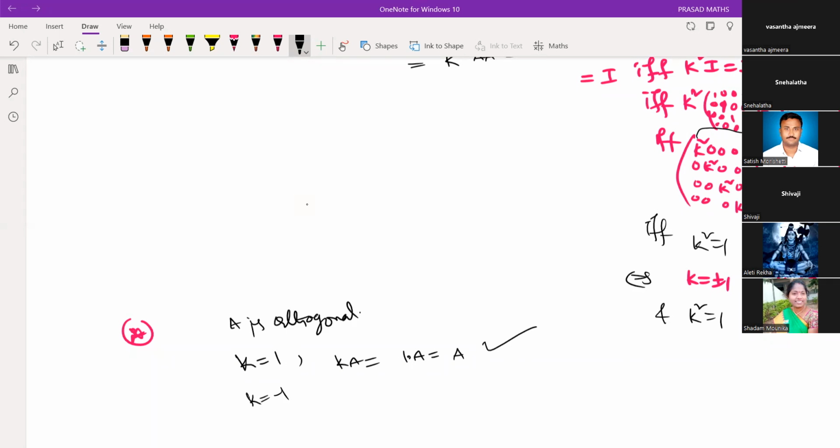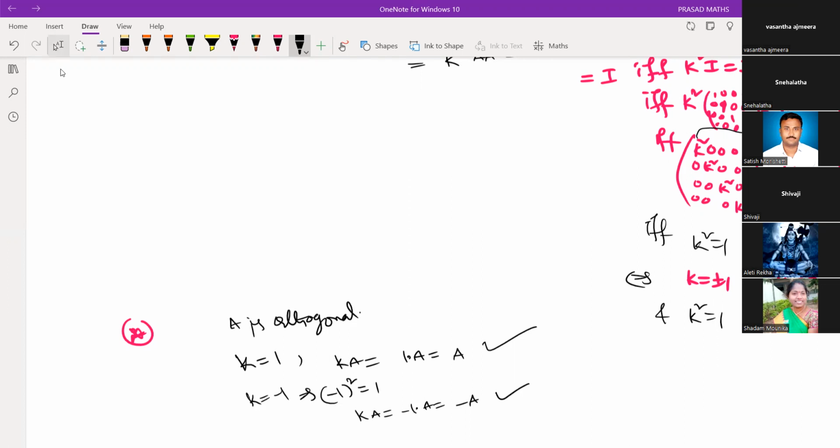Suppose you take K equals -1. It satisfies the property K square equals 1. Therefore, what about K into A? K into A is equal to -1 into A, that means minus A. It is also orthogonal. Therefore, whenever A is orthogonal, if you take a scalar whose square equals 1, then K into A is an orthogonal matrix.